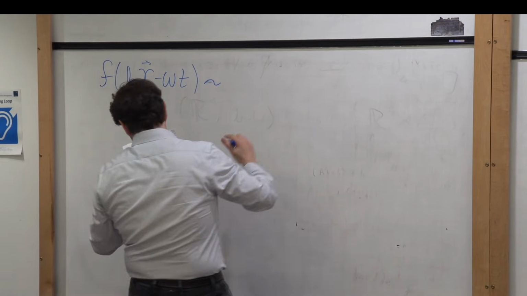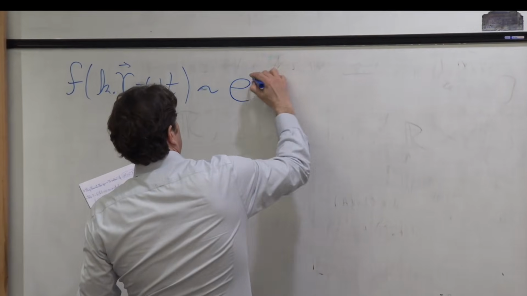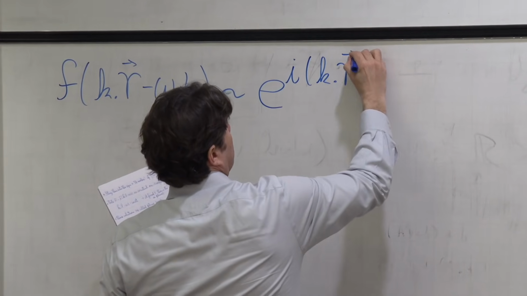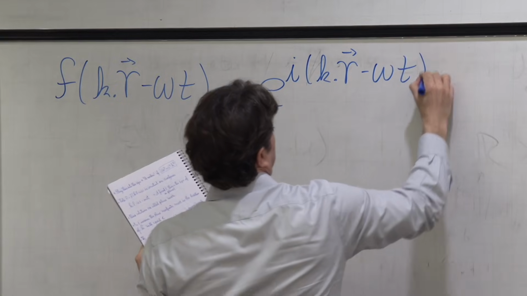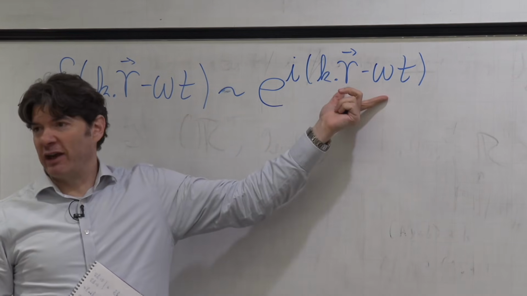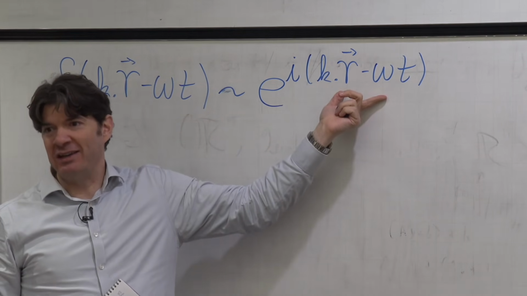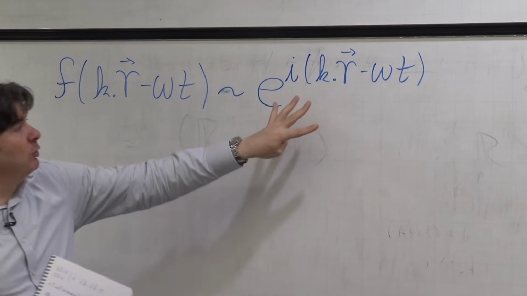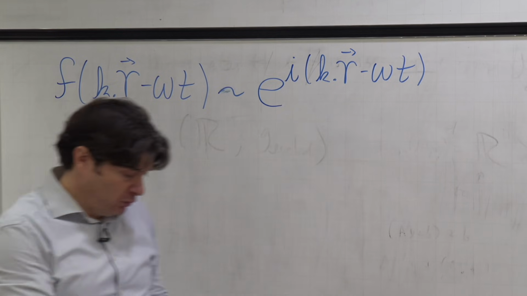If you are grown-ups, you write sines and cosines like this, e to the i (k dot r minus omega t), so that if you take the real and imaginary part, you get the cosine and the sine of k dot r minus omega t.